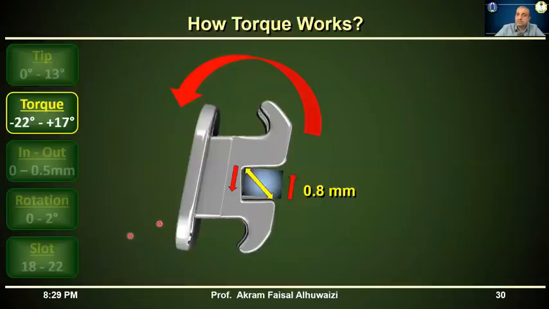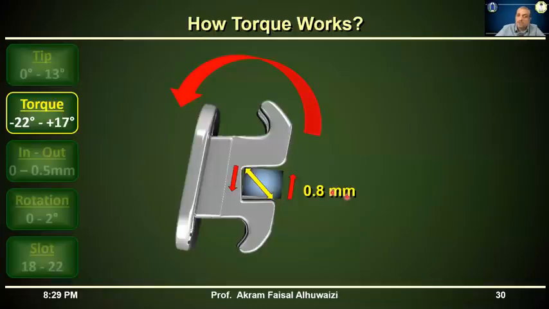So how does the torque work? Now, torque works the same way as tip works. When the wire hits on the sides of the slot, it's going to generate force. And this force is going to be in opposite directions, multiplied by the distance between the contact points. The only difference is that in tip, the width of the bracket was the length of the arm, which is around 4 millimeters.